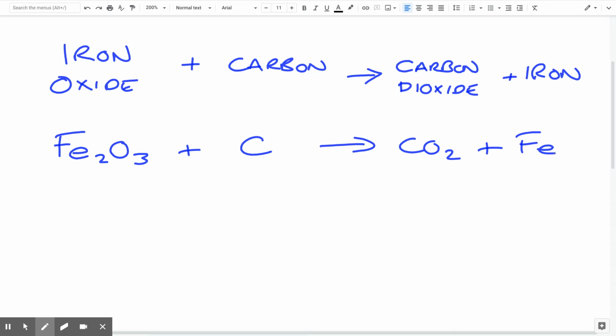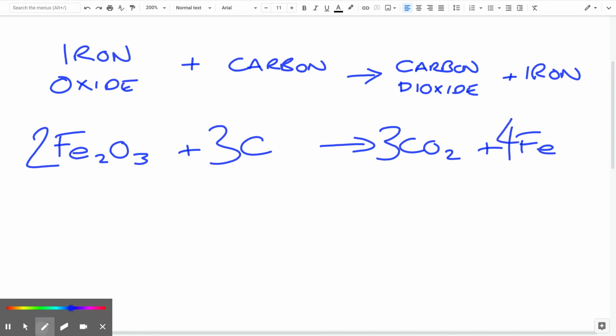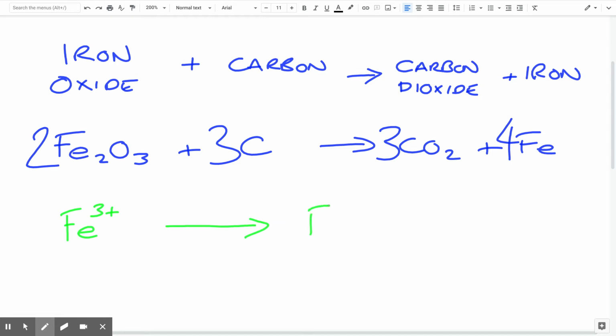We're going to have two of these producing 3 molecules of CO2 and 3 carbons, and as a result 4 iron ions. And in the way we looked at copper, we have to look at the iron ions this time, producing the iron atoms, and in doing so we have to reduce it.